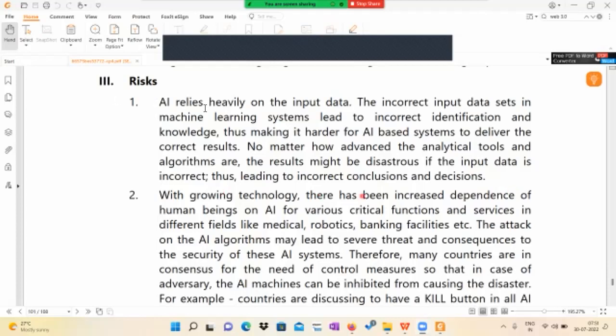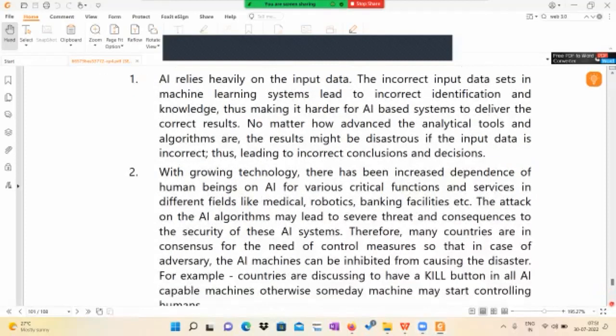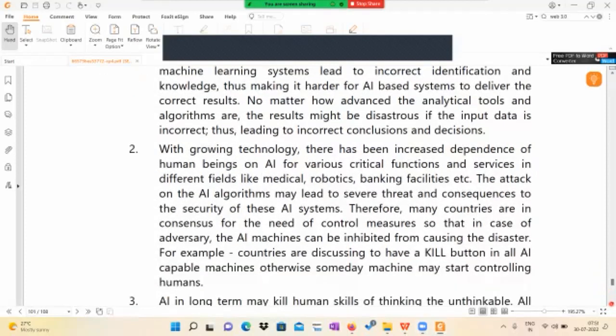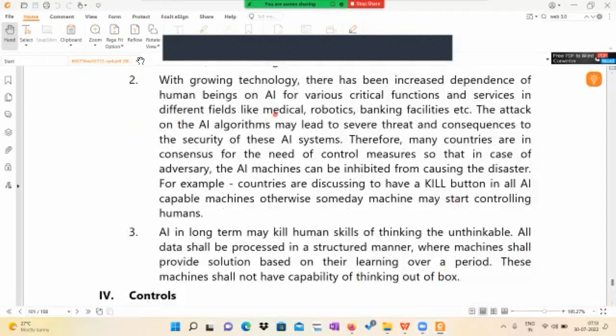Next, with the growing technology, there has been increased dependence of human beings on AI for critical functions and services, such as vehicles, robotics, and banking facilities. This poses a severe threat and consequences to the security of these AI systems. As you know, artificial intelligence is becoming critical nowadays, and it is also used in the medical, robotics, and banking sectors.